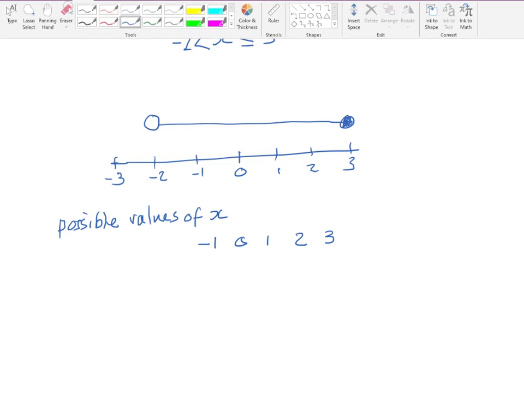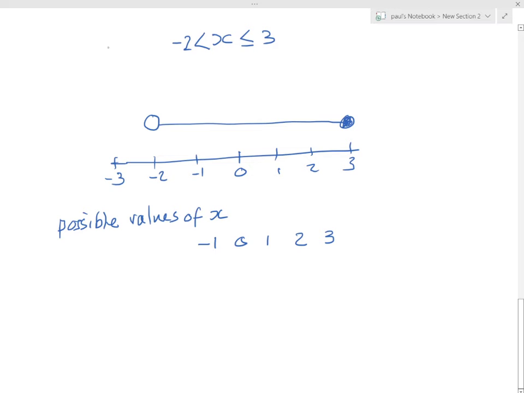So let's do another one on this and swap the signs around. So x is greater than or equal to -1 and less than 2. So -1 is where we put the closed dot, and 2 is where we put the open dot, join them up, and the possible values of x in this case could be -1, 0, and 1, but not 2.